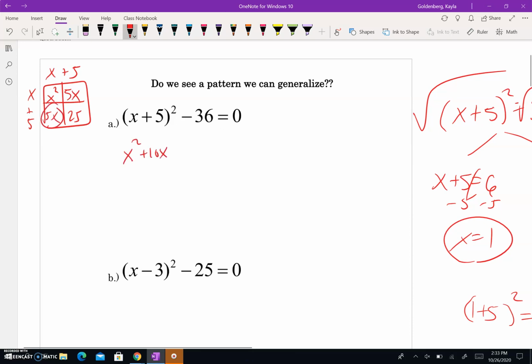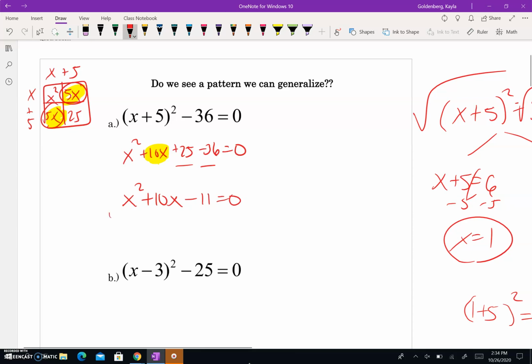The two 5x's combine right here to make the 10x. Plus 25 minus 36 equals 0. And then from here we would combine our like terms. Let's see, negative 36 and 25. That's going to be, it looks like negative 11 is equal to 0.